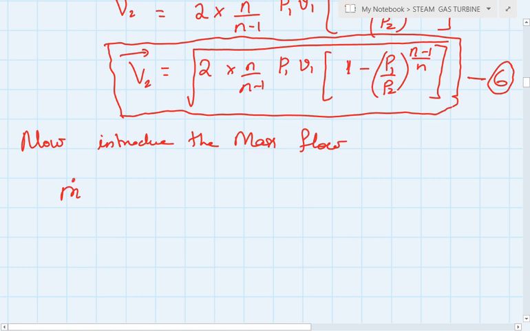The mass flow rate m dot equals area into velocity into density, rho A V. The density can be written as 1 by specific volume, so our mass flow rate will be A V by small v.